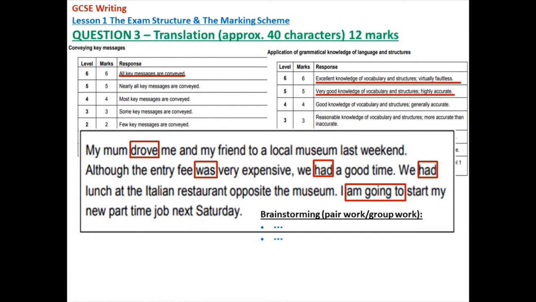Tenses, 是不是？所以是什么？过去时: drove, was, had, 过去时. Then 'I'm going to' is 将来时. It may be the future. This is a sample, but in the 2021 paper, it might be present tense with past or whatever the combination. But all of them show up.